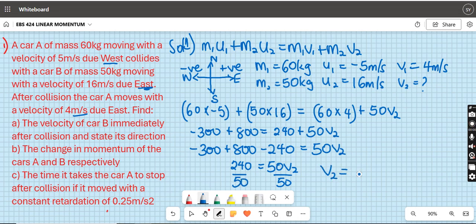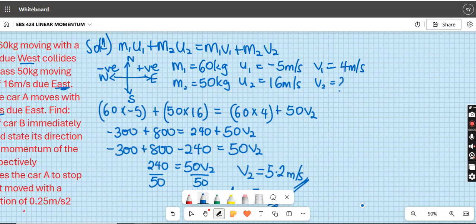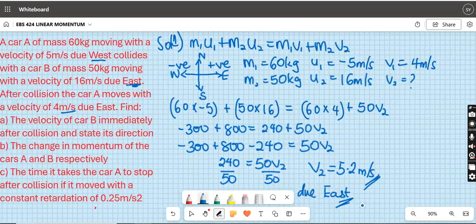Let's divide 260 by 50. We are going to have 5.2, and this is velocity, so this should be meters per second. That's for the first part, the velocity of car B. Now, it is positive, so we can say that the direction is due east. If it were negative, we would have said it is due west.